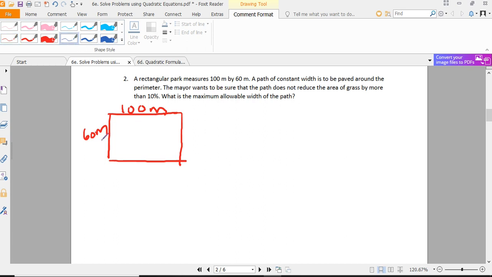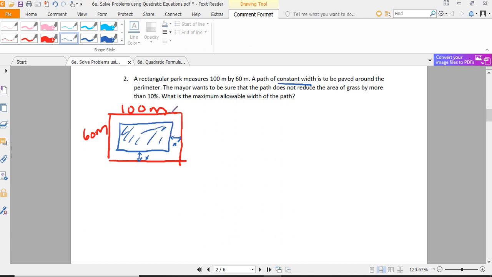So we want to create a path all the way around the perimeter. Okay? And I know that that distance is going to be x, because we want a constant width. And that distance is also going to be x. Now, this will still be the park.